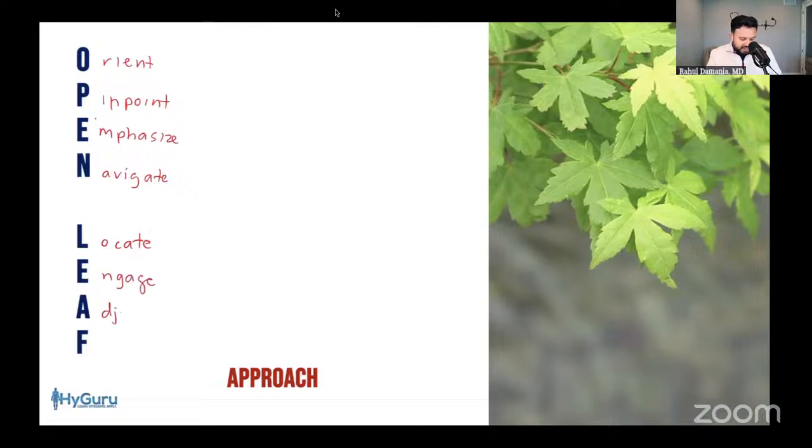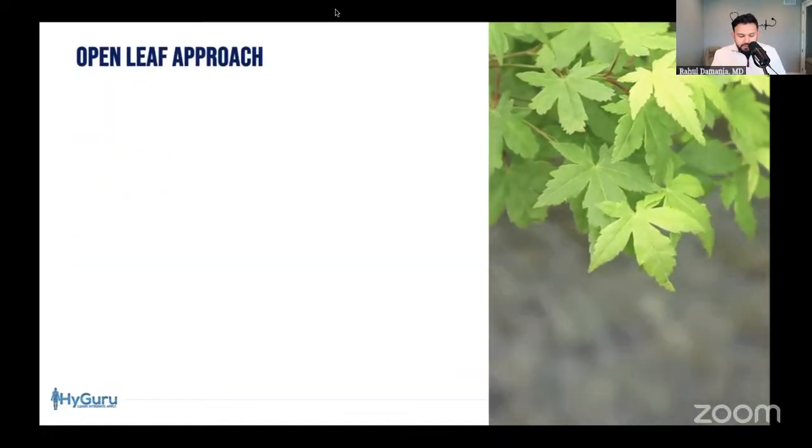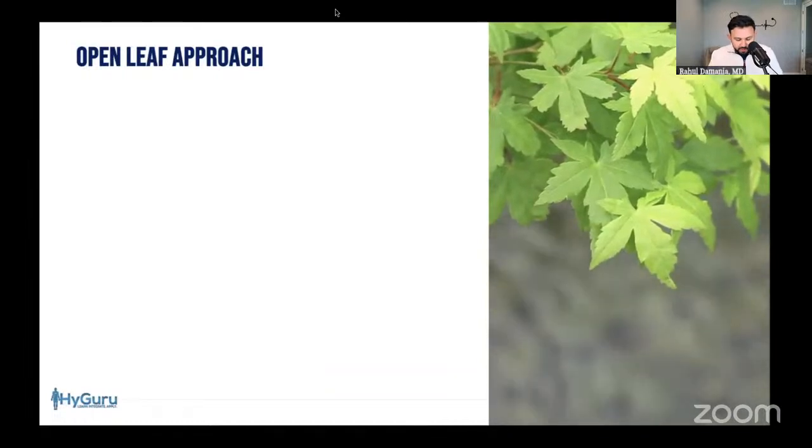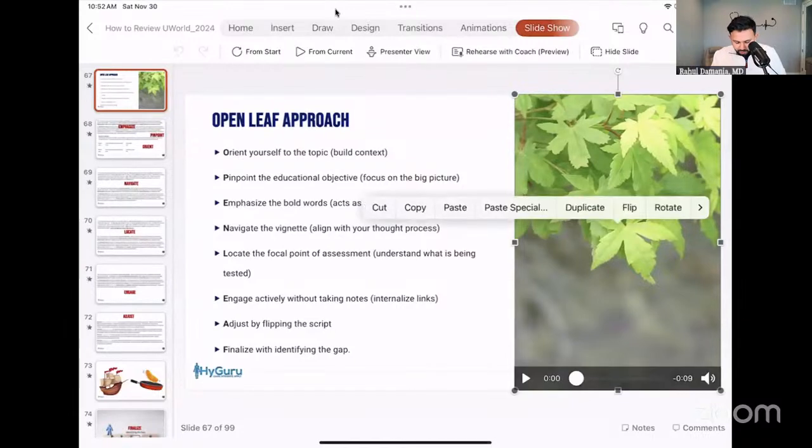A is going to be adjust. And F is going to be finalize. This is going to be the strategy that I use for every single Fab 5 or every single UWorld question. My hope is that you go through this stepwise approach with me now, okay? So please write this down because this is going to be one of the most important slides of this session, okay?